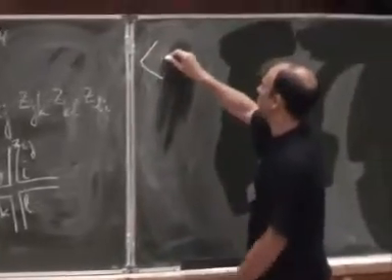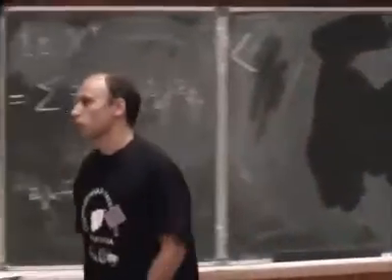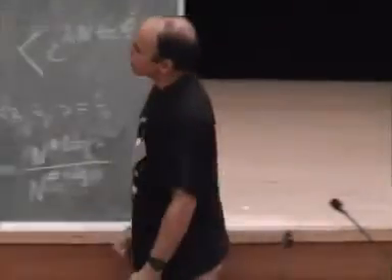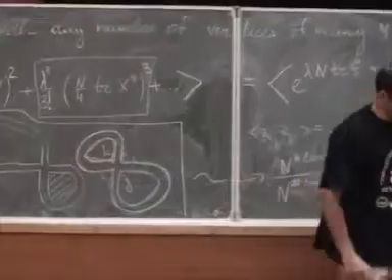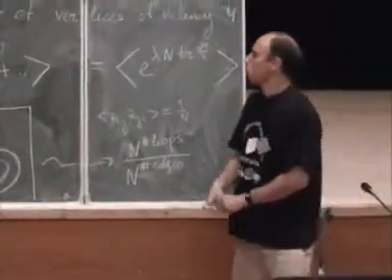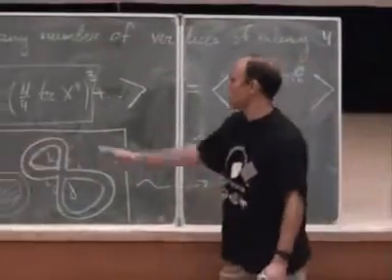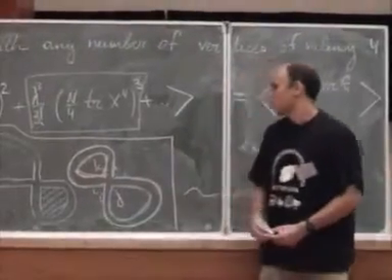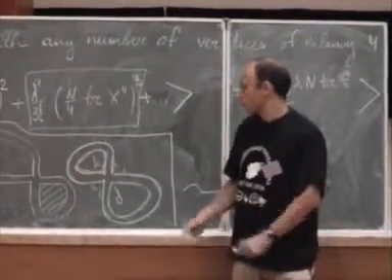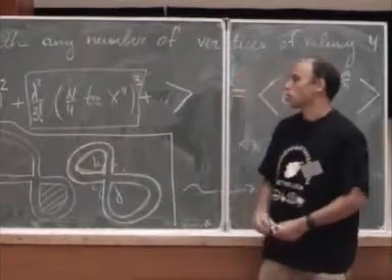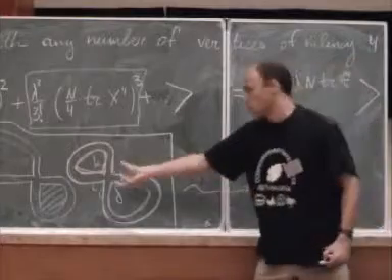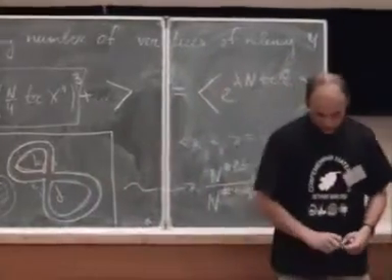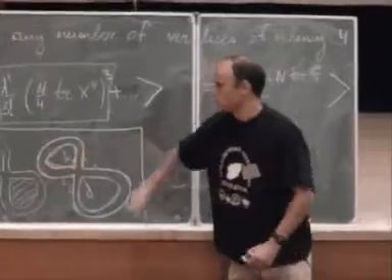Okay, so finally we obtain the expectation value of... maybe I should explain one more thing. Why I divided by 4 and why I divided by 3 factorial. I divided by 4 for the same reason as before, because I want to consider as the same the graphs that I obtain from each other by rotating the vertex around itself.